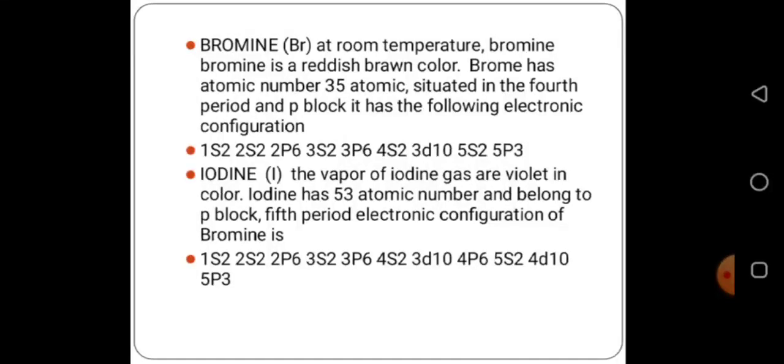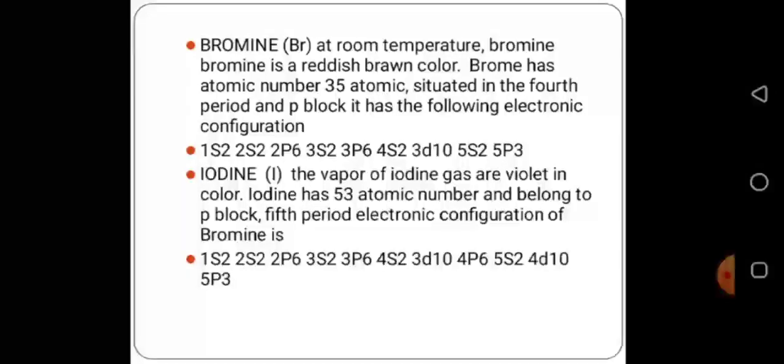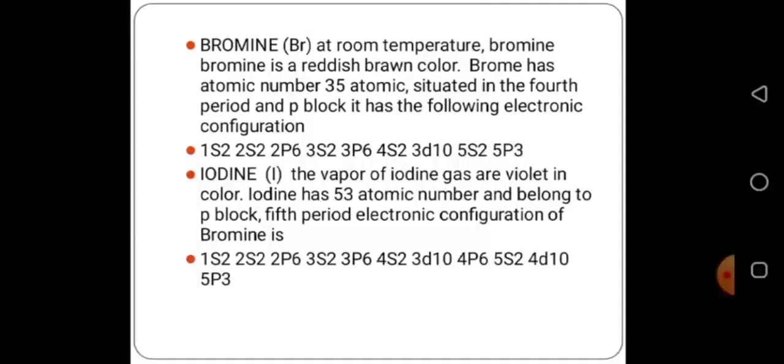Then we have iodine. The vapour of iodine gas is violet color. So we all know that halogens are colored. The color of iodine is violet. Iodine has atomic number 53 and belongs to P block, fifth period.